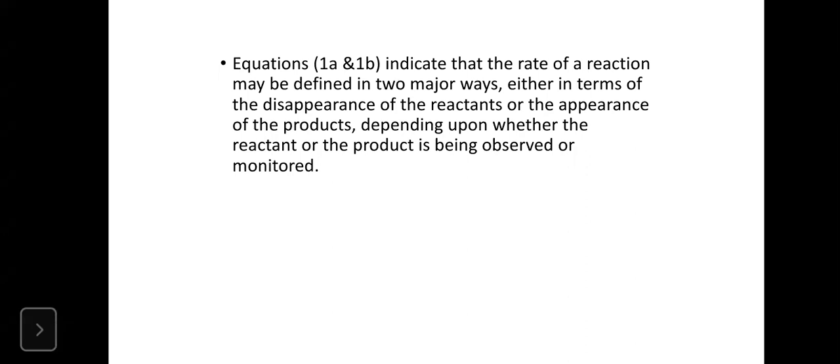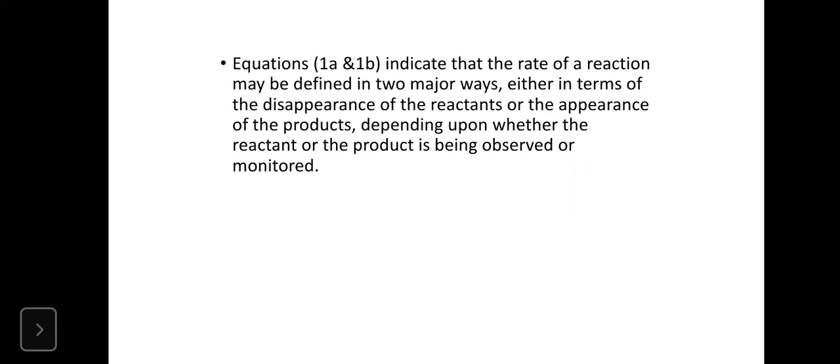What has disappeared from the reactant over the time taken, or what has appeared in the product over the time taken. Any of them, you can use to define the rate of a reaction. Let me just explain it.